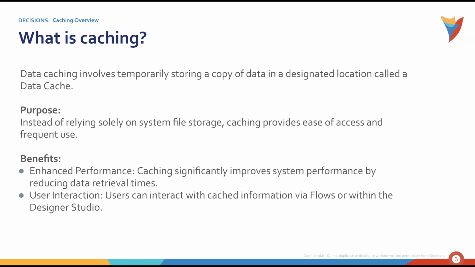Caching significantly boosts performance. So, this is one of the benefits of the cache. And through the Flow Designer Studio, users can engage with the cached information in an interactive manner. This comes under another benefit of the cache.